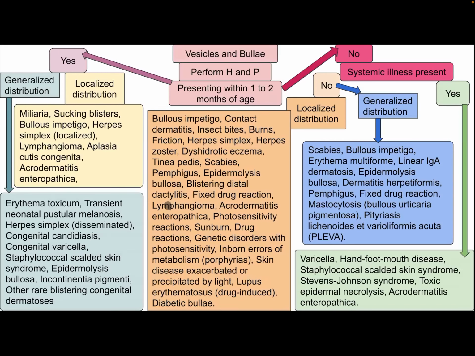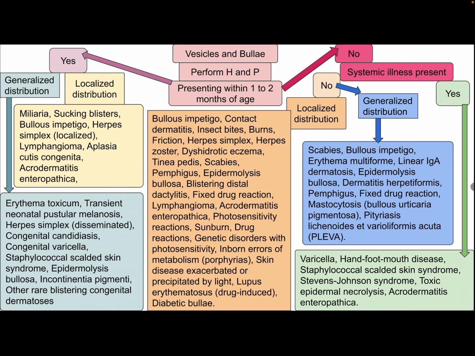How to approach a child with vesicles and bullae after performing history and physical examination. If the presentation is within the first 1 to 2 months of age, this is neonatal and will be discussed in another lecture. If it is a later presentation, is there systemic illness present?